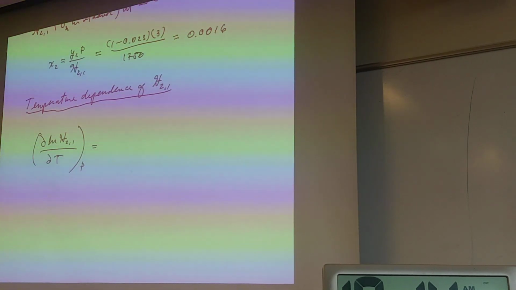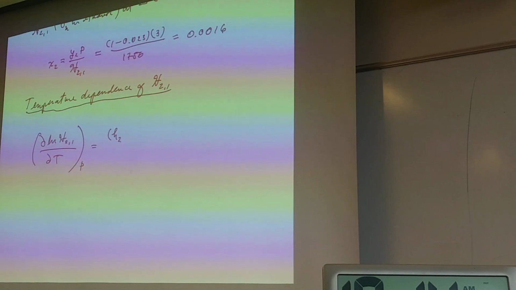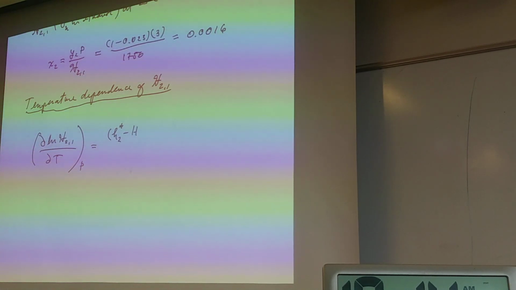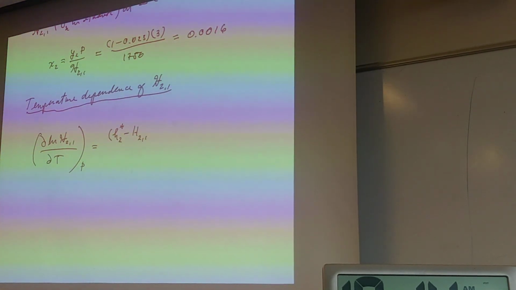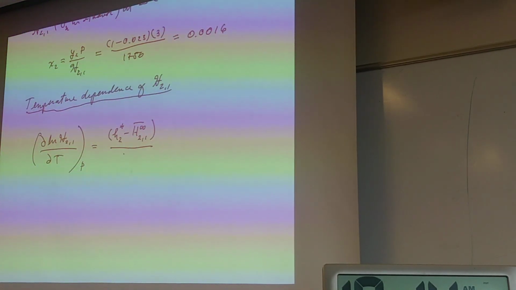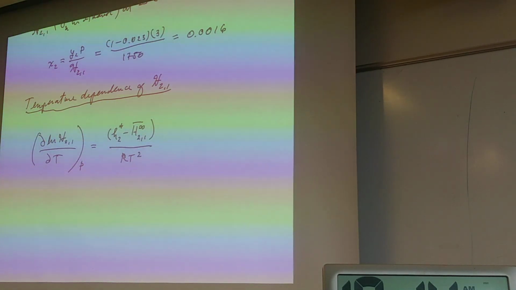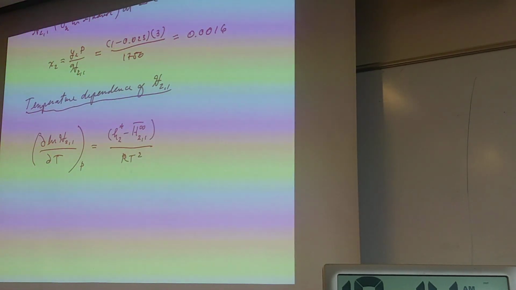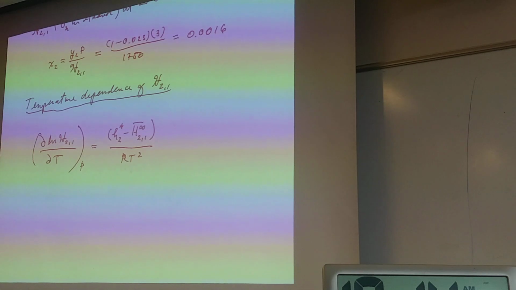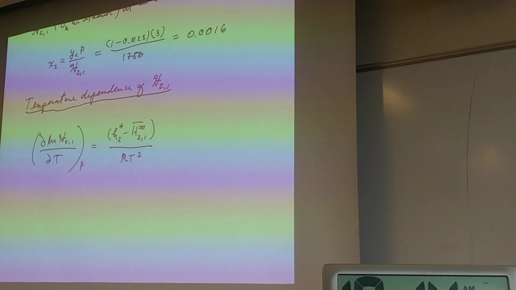So this is the temperature derivative of the logarithm of Henry's constant, and that is equal to, let me write this here and then I'll talk about it. And this is derived, but I'm not going to derive it for you, so I'm asking you to take it on faith here. This is the molar enthalpy of the hypothetical ideal gas, component 2.